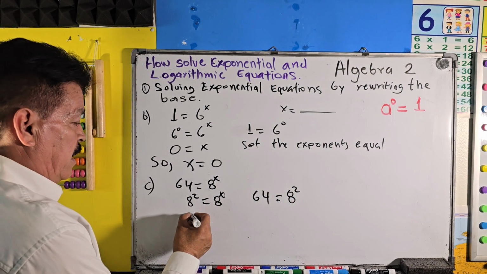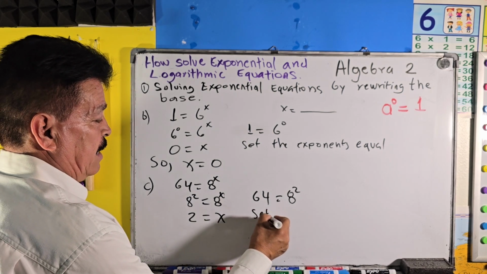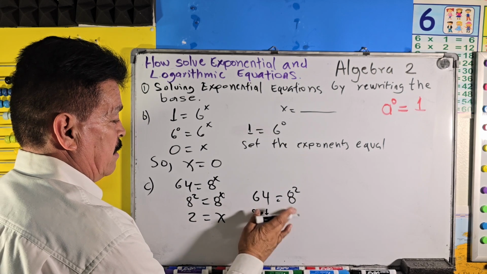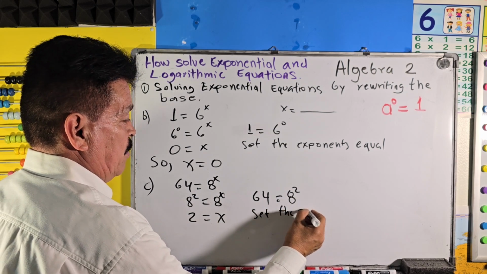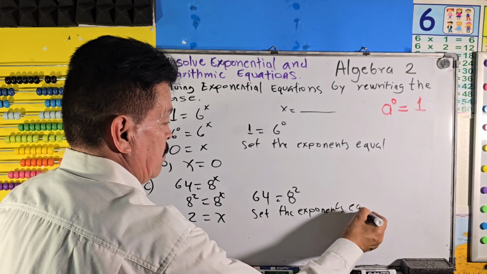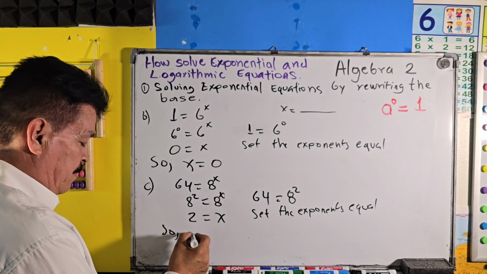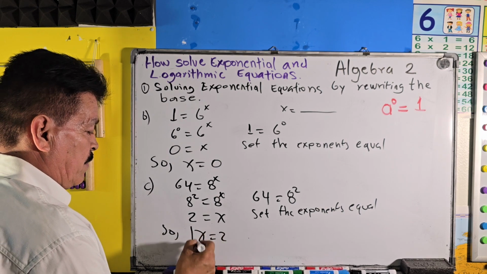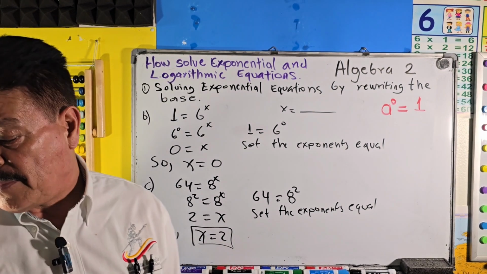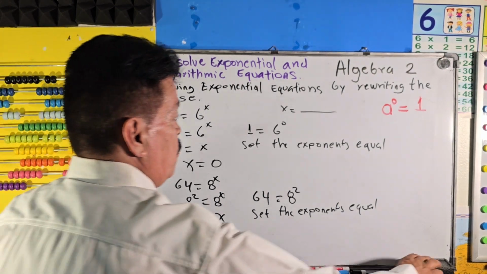So now 2 equals x. Set the exponents equal. The answer: x equals 2. All right, that's it for that section.